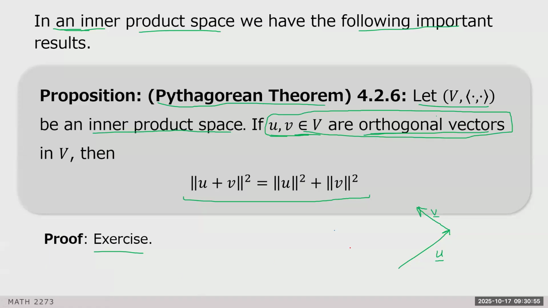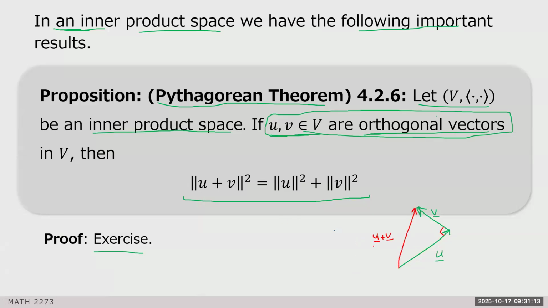You'll remember how to do this from physics or from your maths teachers. That's supposed to be a straight line, so this vector here is the vector U plus V, and of course this is 90 degrees here.